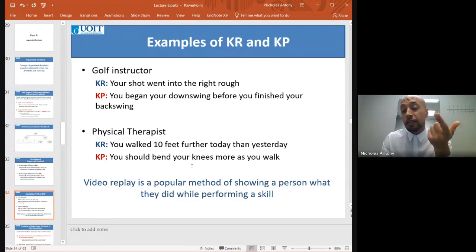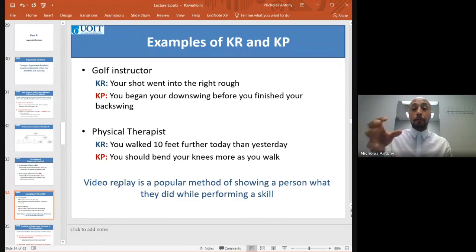One interesting thing in terms of, like, in all the professional leagues now, the best way to give people augmented feedback is showing them video replay. Because video replay, you get to observe yourself doing it. And so it gives you a better representation because you're visually watching your own body. So you did the task, you had your own task intrinsic feedback, you watch a video replay of it, and you're like, oh, it's giving you so much more information.